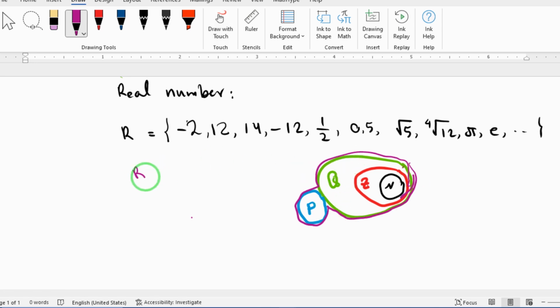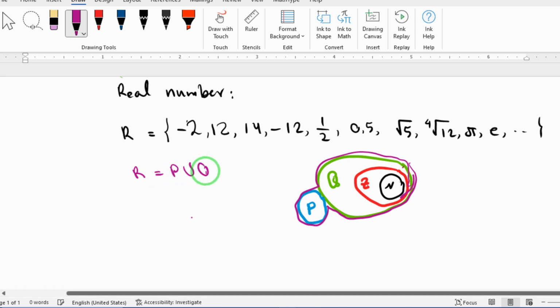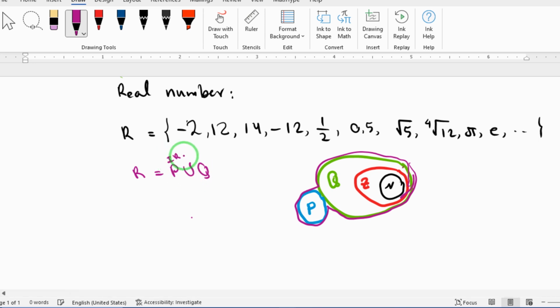It means the real numbers equal the union of P and Q. This is an irrational number and this is a rational number. So some numbers are not real numbers.